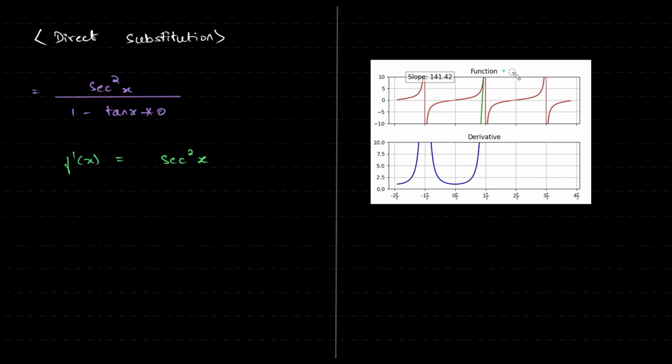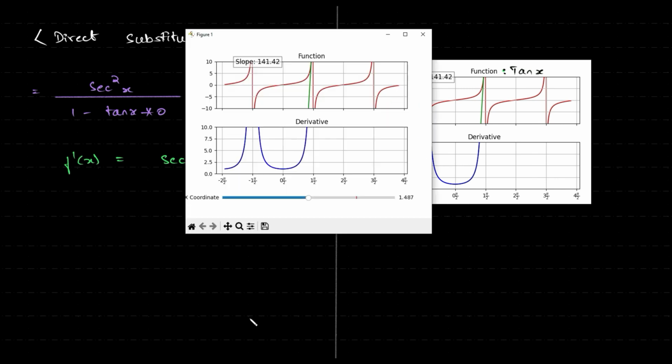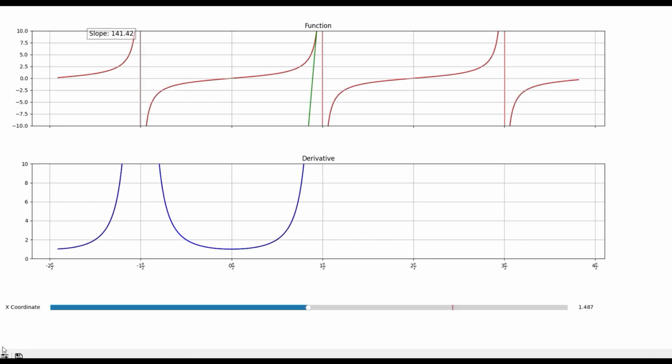Now this is clearly our tan. So this is our tan of x. This is a function which is clearly positive, always more than 1 actually. If I zoom in, we can see that it's more than 1.